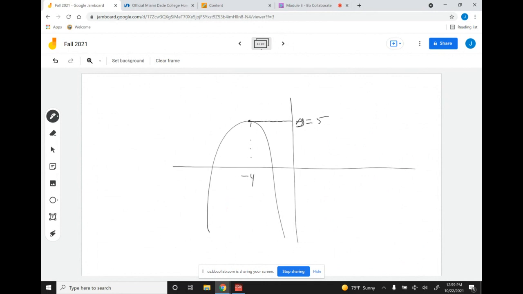So the absolute maximum now is 5, and it happens when x equals negative 4. In this case, the domain will still be all real numbers, but the range, since we're going from the bottom up, will be from negative infinity up to, where does it stop? At 5. And we use the bracket to make sure that we include the 5.